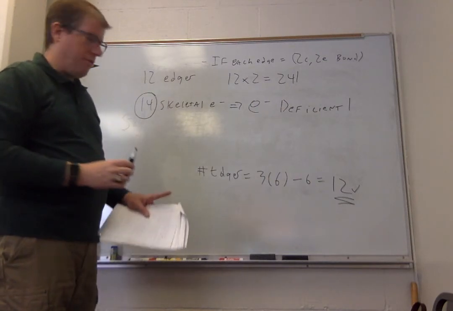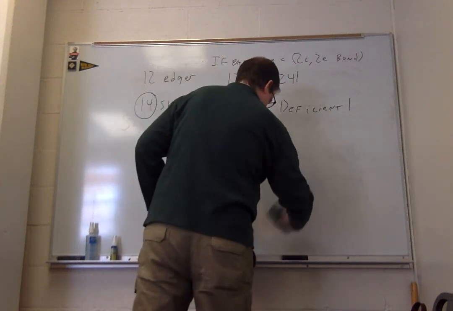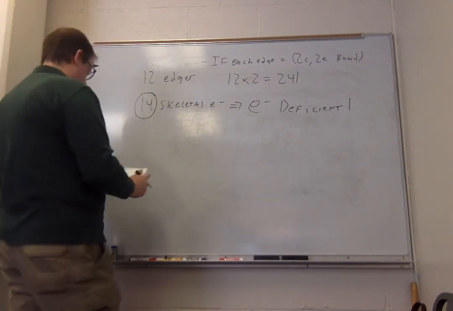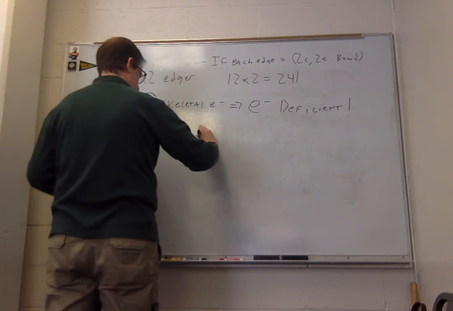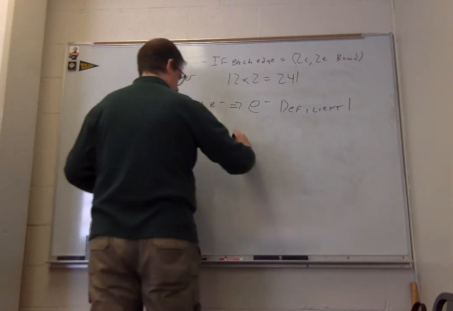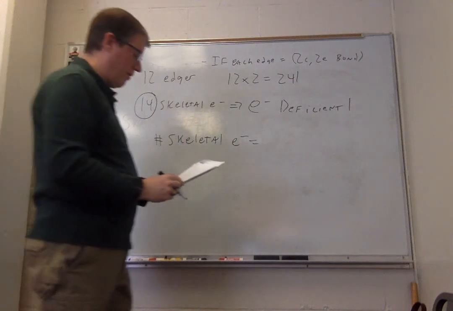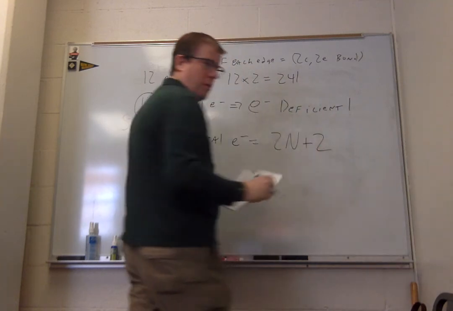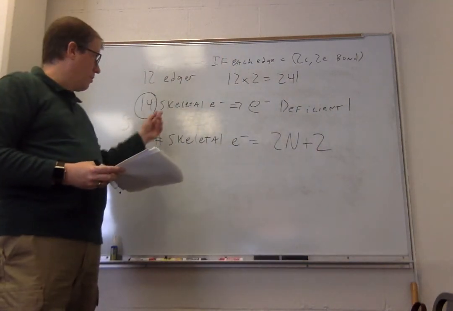Okay. So finally, for the end of this virtual lecture, if you're a formula type person, you like to have a formula for everything. There is one for the number of skeletal electrons, and that is 2n plus 2. So there are two ways you can arrive at the number that we arrived at here.